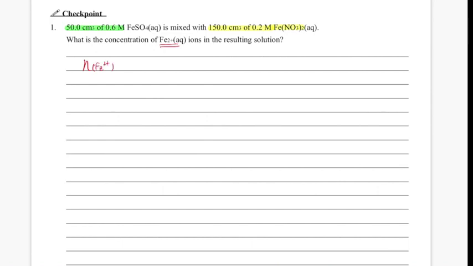So the total number of moles of iron 2 ions would be the molarity of iron 2 sulfate times the volume of iron 2 sulfate plus molarity of iron 2 nitrate multiplied by the volume of iron 2 nitrate.